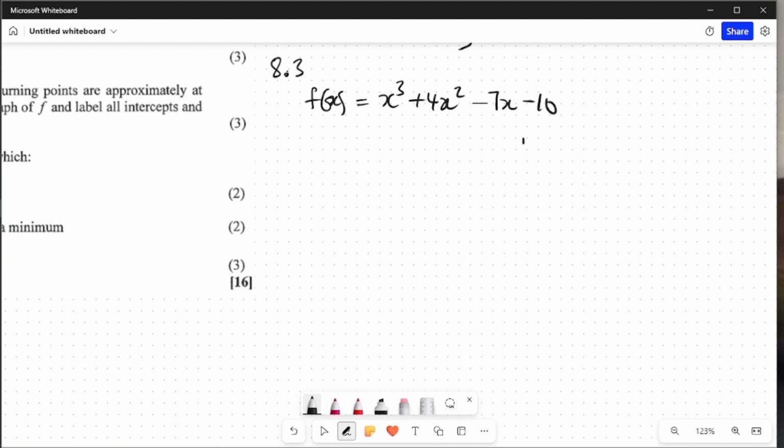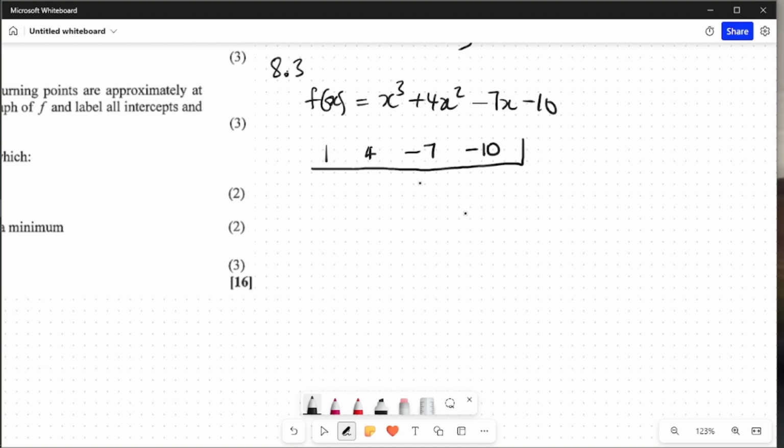I'm going to draw an L facing that direction, and then I write the coefficients of my equation. The coefficient of x cubed is positive 1, the coefficient of x squared is 4, the coefficient of x is -7, and then the constant number, which is -10.